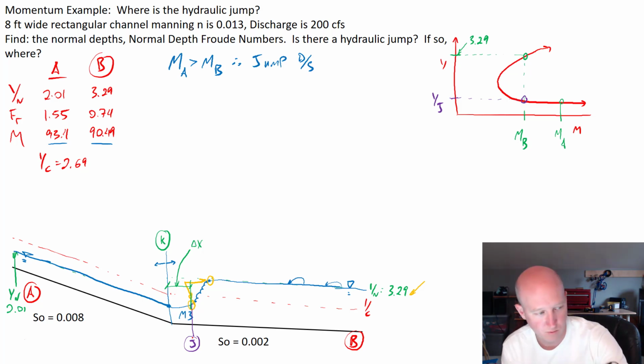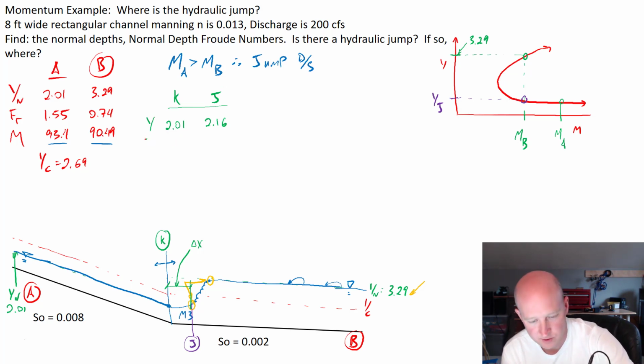Okay, so we need to know information about section K, which is the same thing as the normal depth for upstream. And then we need to know something about section J. So what do we need? We can write down the depths. That's 2.01 and 2.16.